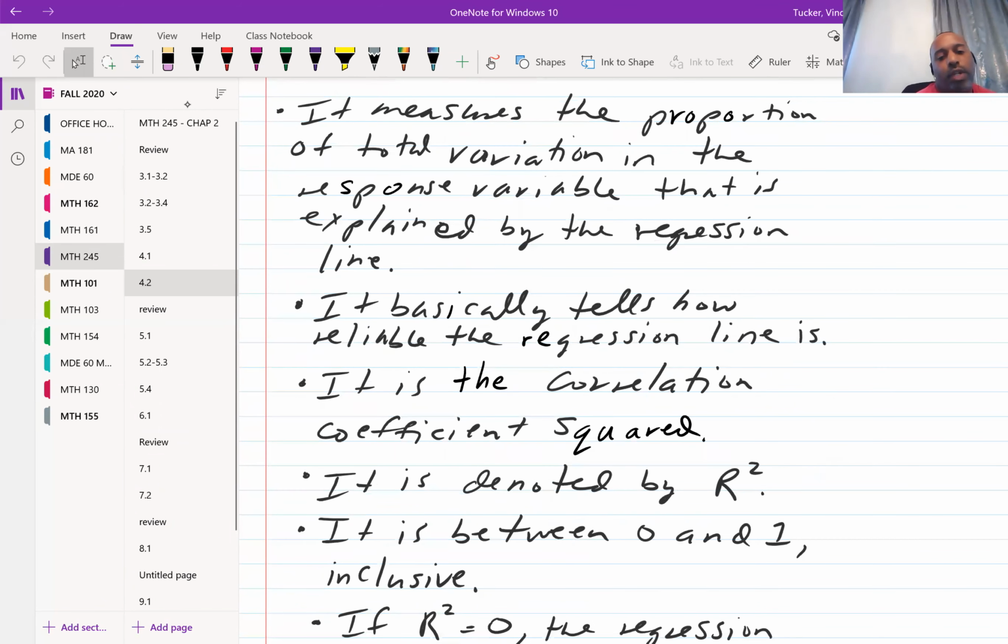It is the correlation coefficient squared, denoted by capital R squared, even though it's lowercase r that we are squaring. They denote your coefficient of determination by capital R squared. It's between 0 and 1 inclusive.